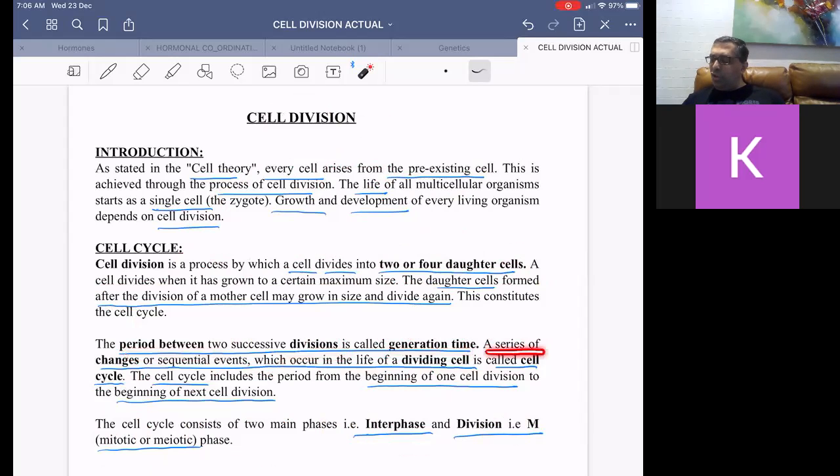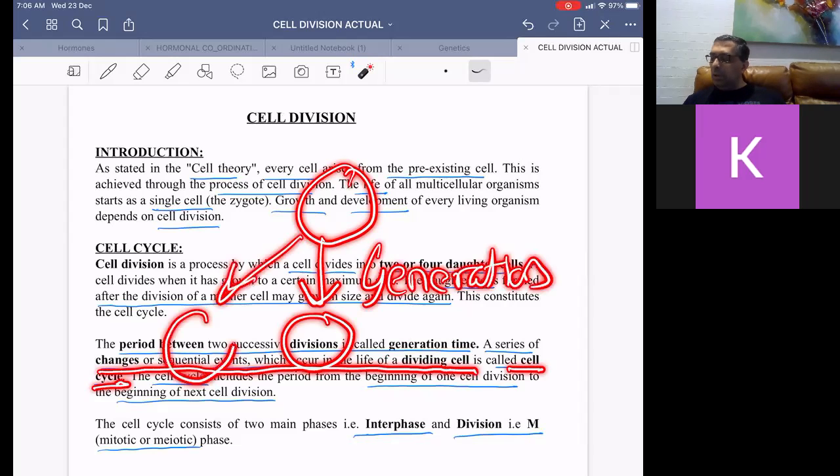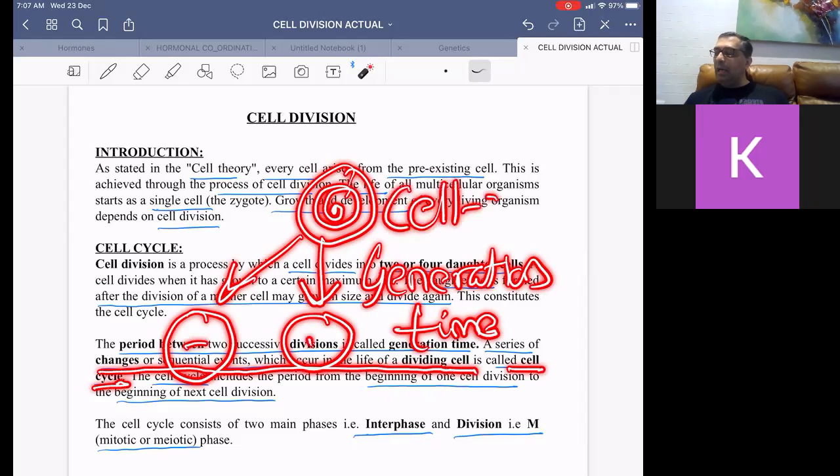A series of changes or sequential events occurring in the life of a dividing cell is called the cell cycle. And all the changes that take place in a cell for forming daughter cells is called the cell cycle.